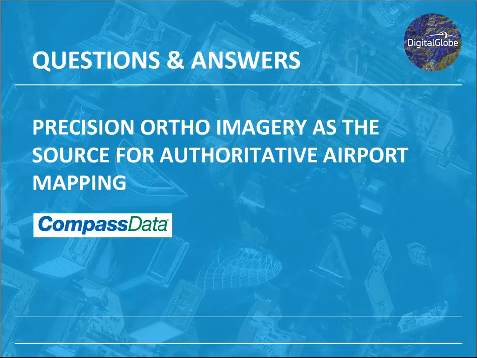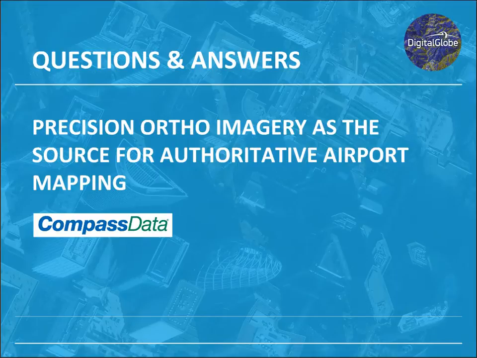Okay, yeah, that's an excellent question. By using satellite imagery, we're really bringing the cost down compared to the traditional aerial collection. With that said, the disadvantage would be slight in that the resolution, although 30 centimeters is very high resolution and it's great, you can extract a lot of elements from that.